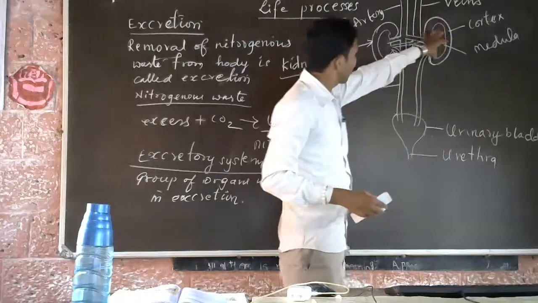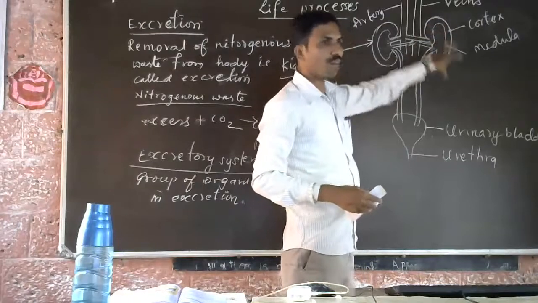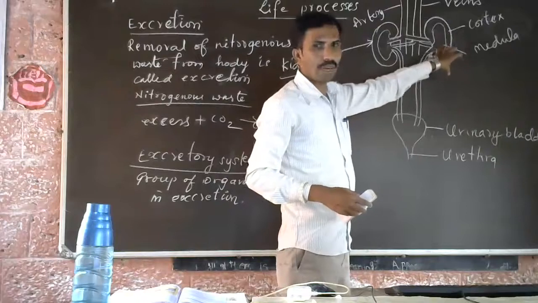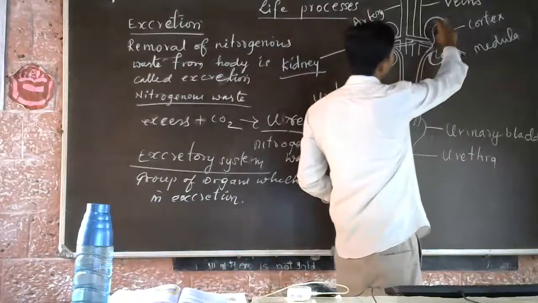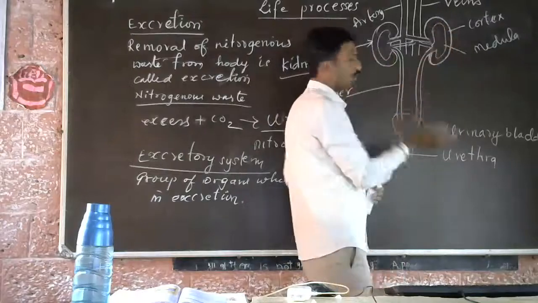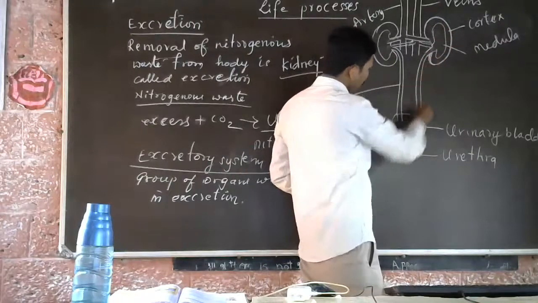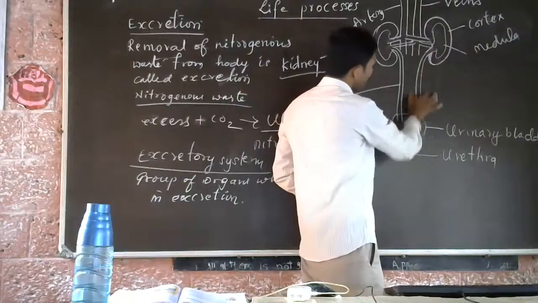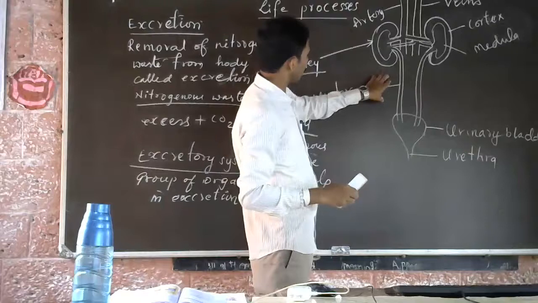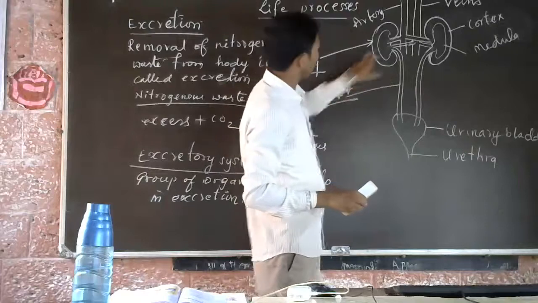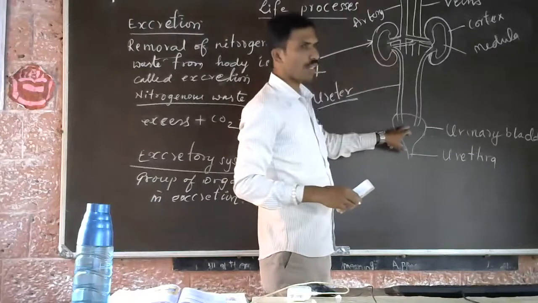From that, the urea is removed in the form of urine, and it is thrown outside the body. The urine produced by the kidney is carried to the urinary bladder by tube-like structures called ureters, which connect the kidney to the urinary bladder.